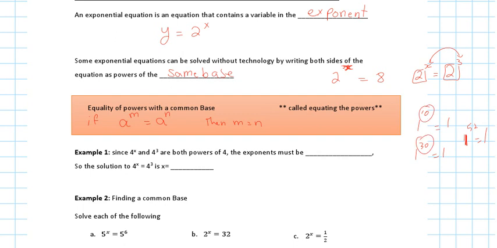That's why, as long as a is not equal to 1, then this will work. So a has to be greater than 0, a cannot equal 1, and the base has to be positive as well.